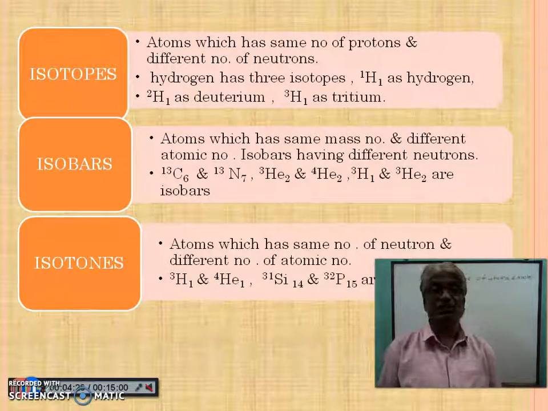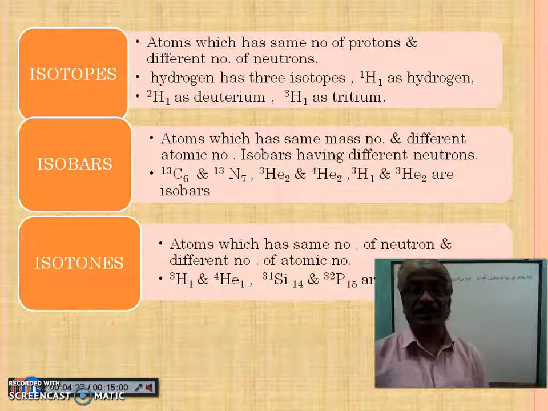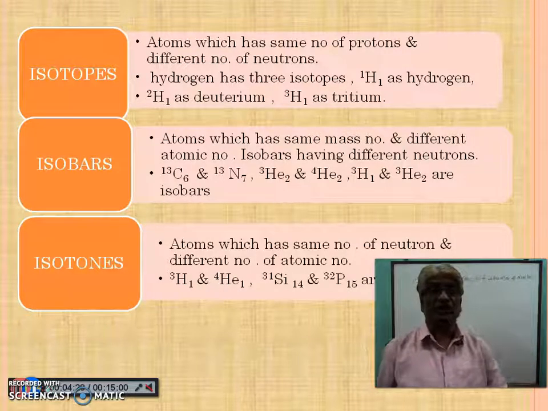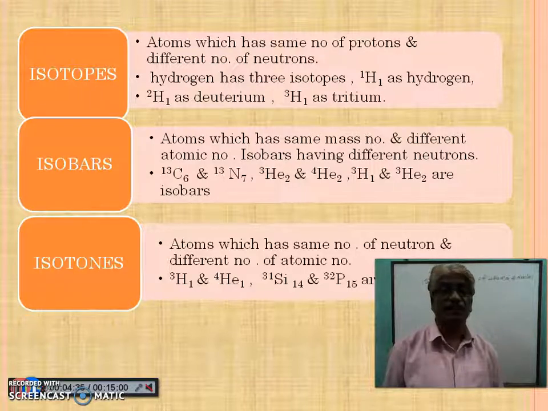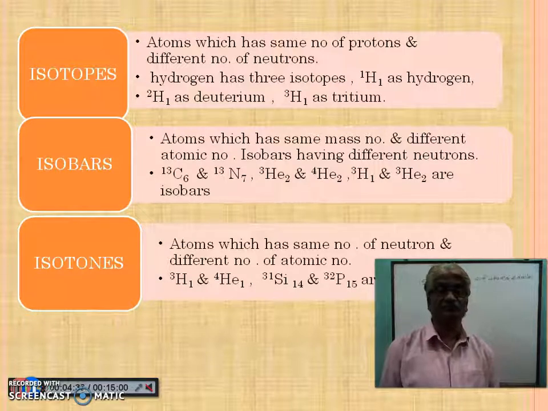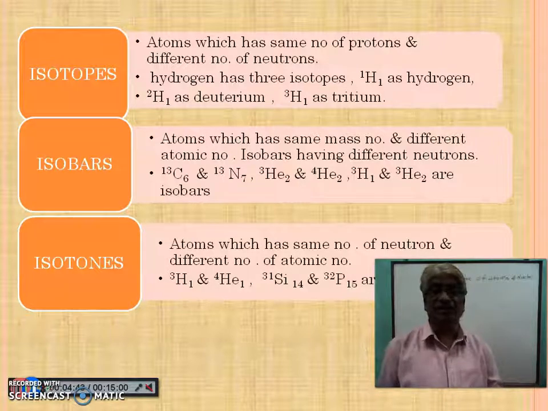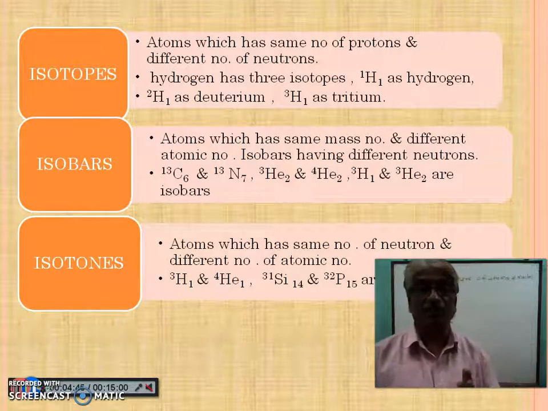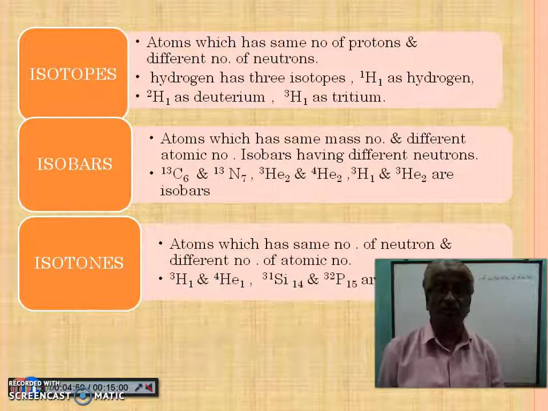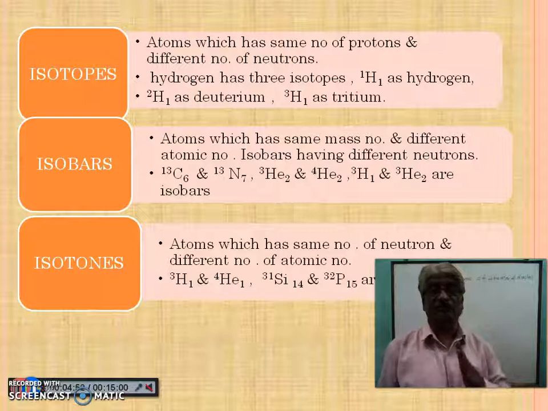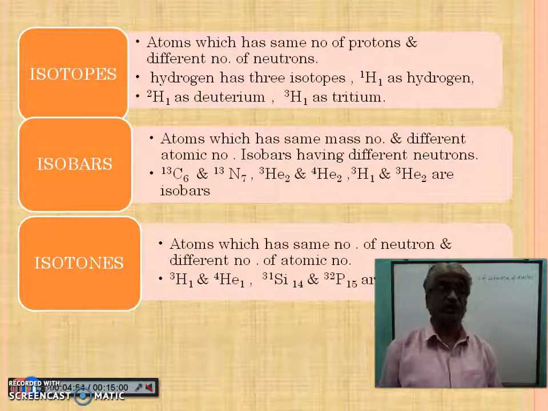Same number of neutrons and different atomic numbers. See here, their examples will be helium, mass number 3, hydrogen, mass number 3 and atomic number 1. Helium, mass number 4, atomic number 2. They are isotones.